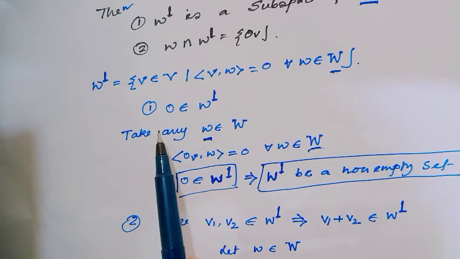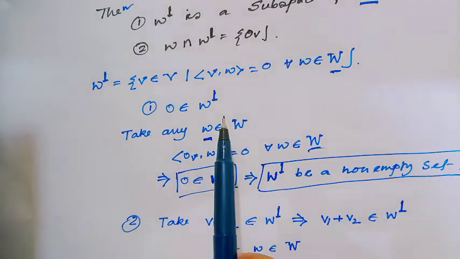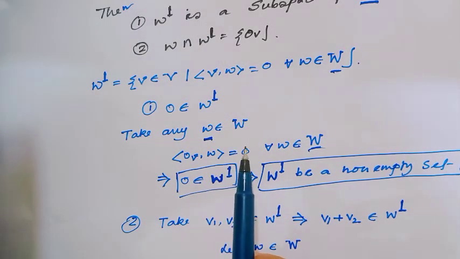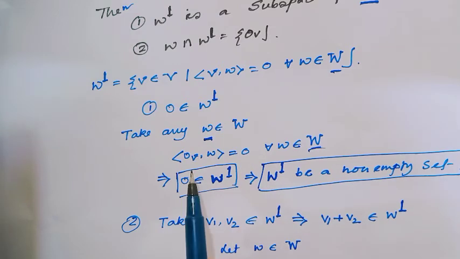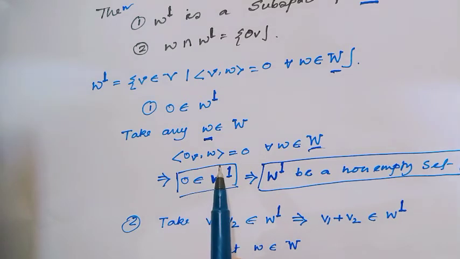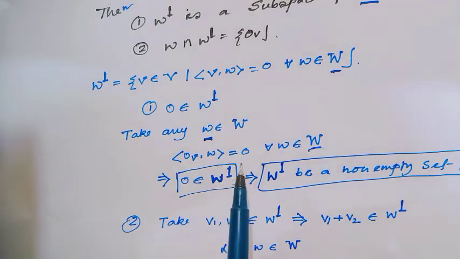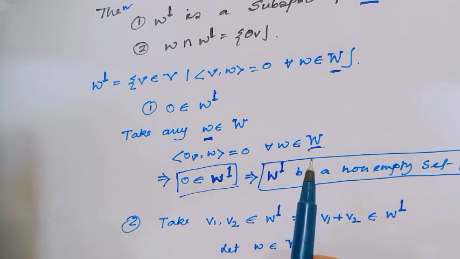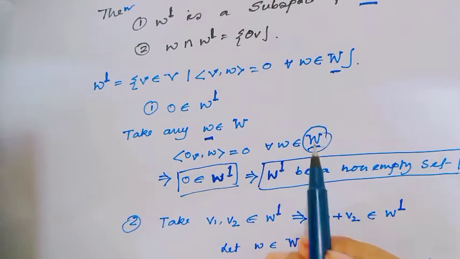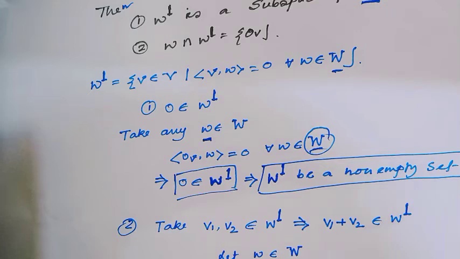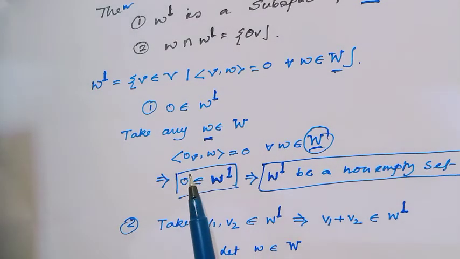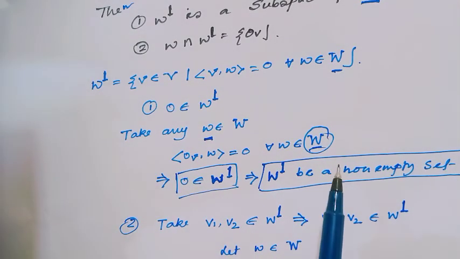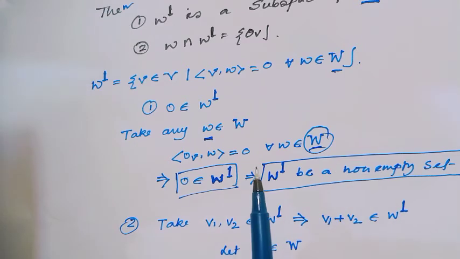Consider 0 belonging to W perp. Then take any arbitrary element w belonging to W; the inner product of 0 with this w is obviously equal to 0, and this is true for all w belonging to the subspace W, because the inner product of 0 with any vector of W is always 0.